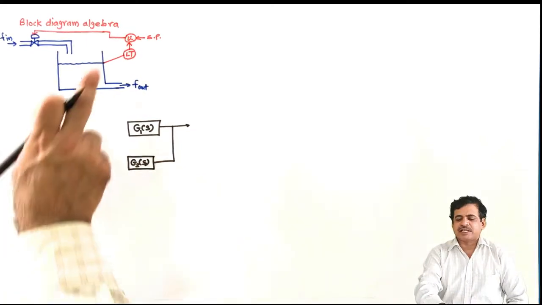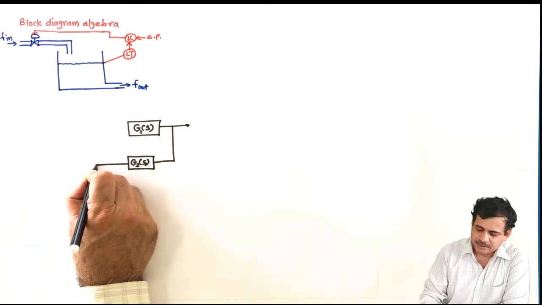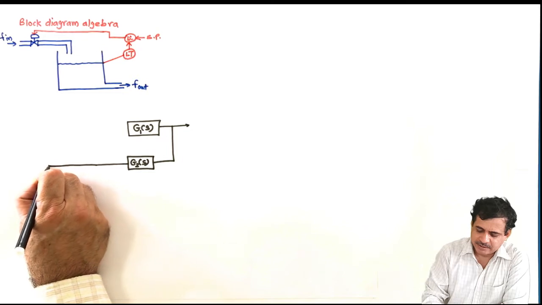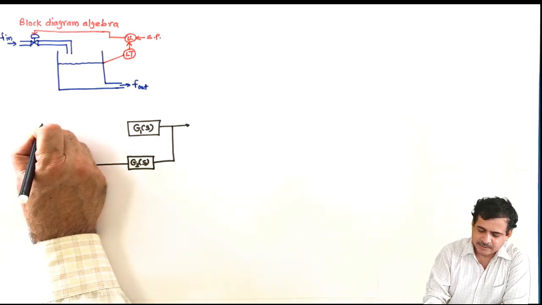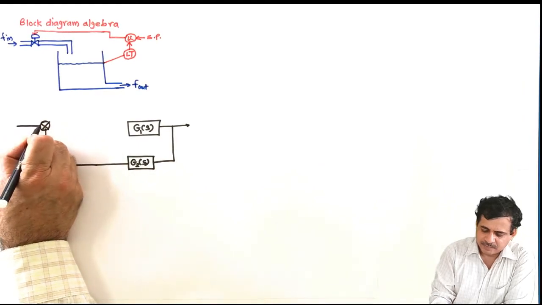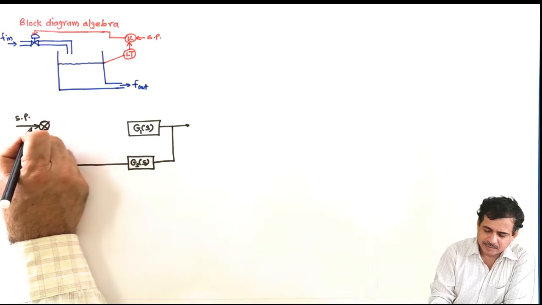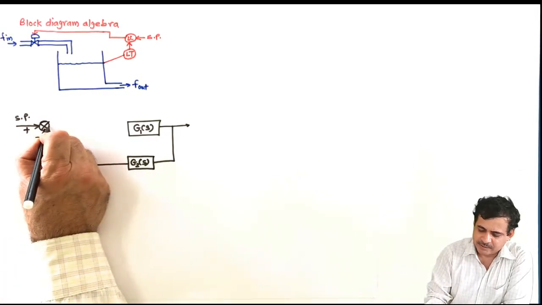So this G2 is a transfer function of level transmitter. Then this measured signal is connected to the error detector where a set point is applied, plus minus.